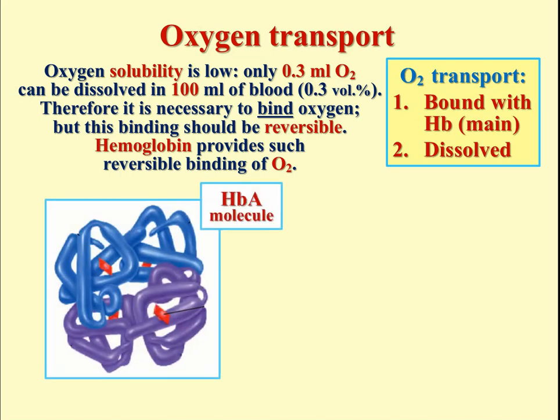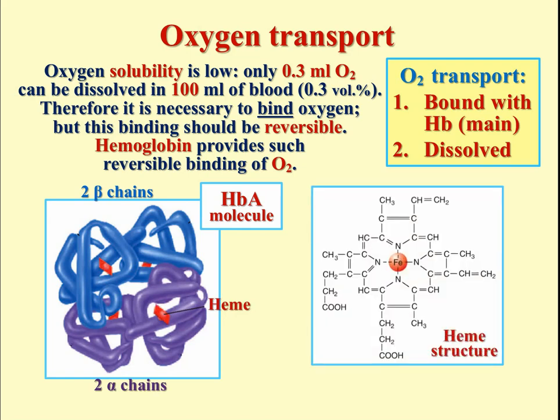As for binding of oxygen, something you know from biochemistry, but let's recall again. For adults, we have hemoglobin A, and these molecules consist of 2 alpha chains and 2 beta chains, 4 chains totally, and each chain contains the heme. Therefore, we have 4 hemes. Heme is the key portion of the big molecule, which is the oxygen binding part.